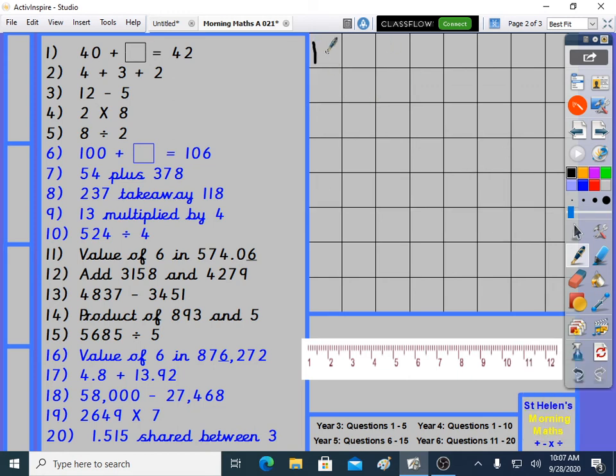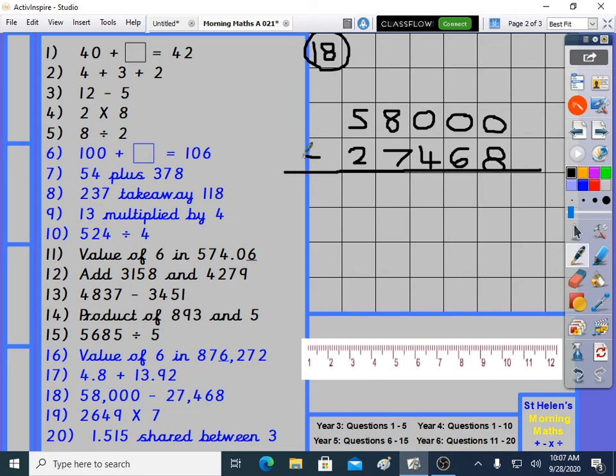Just a big takeaway with some 5-digit numbers. 58,000 is how we say the first one. Biggest number at the top, 58,000, is bigger than 27,468. We'll need lots of help here because 0 can't take away 8, so help comes from this 8. 10 goes down to 9. 10 goes down to 9.